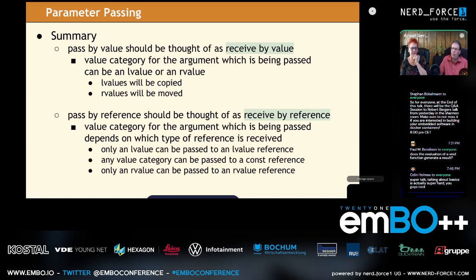There are a lot of rules of thumb that people use. There's no definitive answer because it really depends on what you're doing. In general, if you're going to actually save the value that somebody's passing to you, you should receive by value. Because then, if a copy needs to be made, it will. If not, then a move will occur.